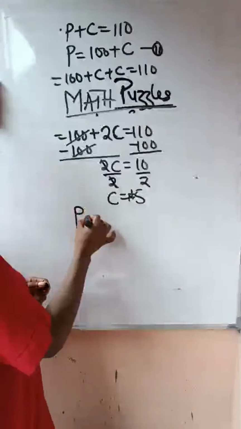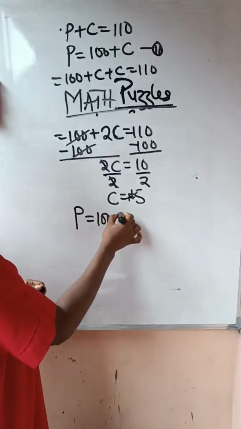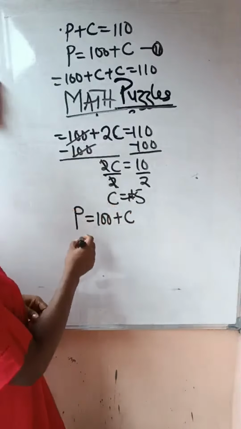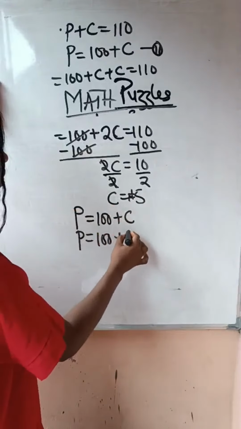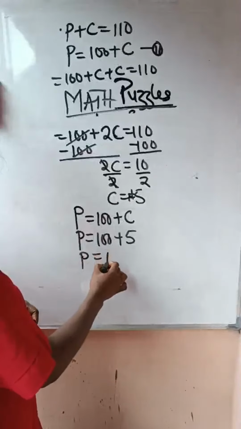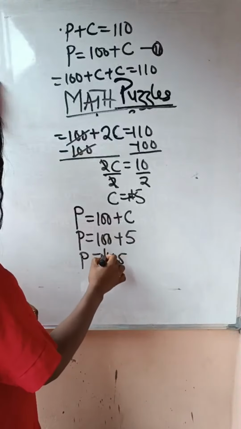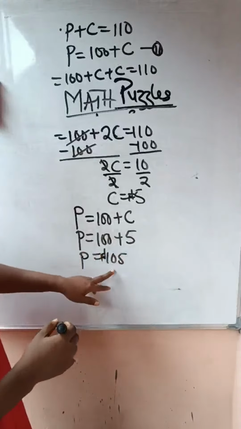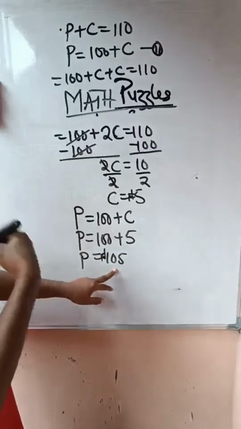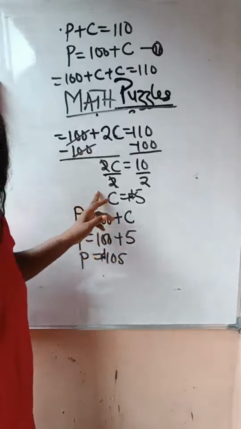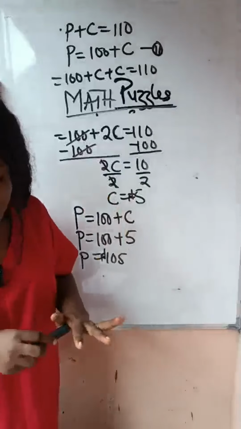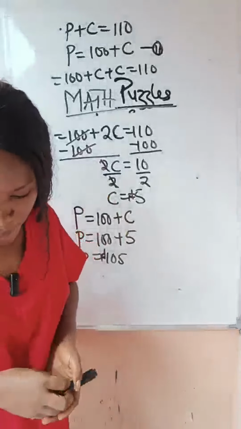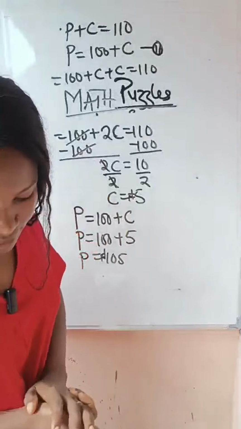The phone costs 100 naira plus the cost of the casing, so the phone will be 100 naira plus 5 naira, which means the phone will cost 105 naira. And if you check it, you see that this costs 100 naira more than the cost of the casing. Amazing, right? I hope we are all learning.